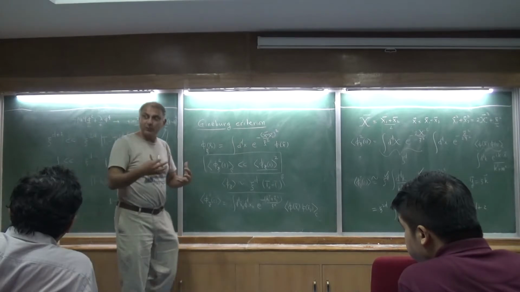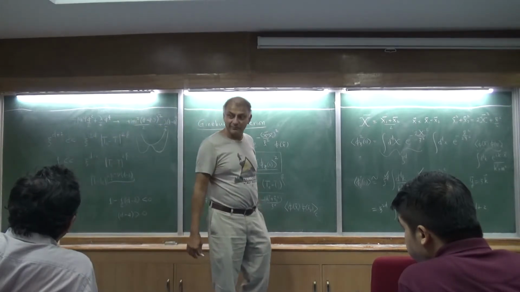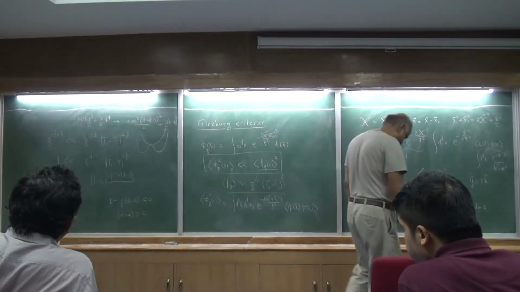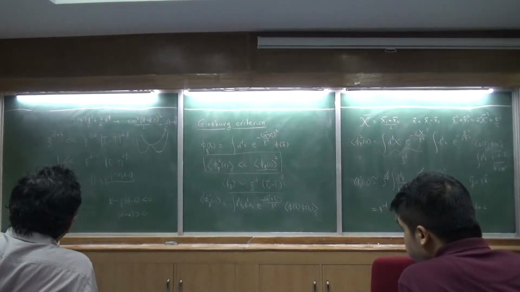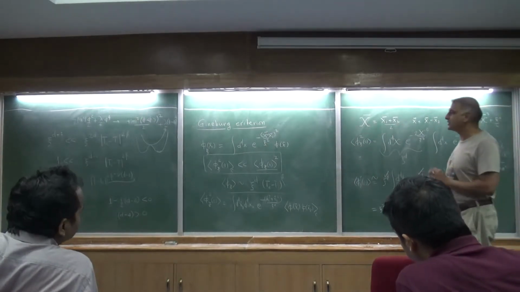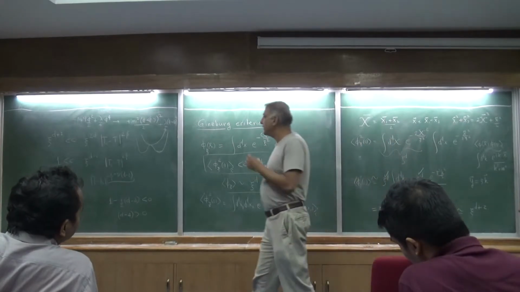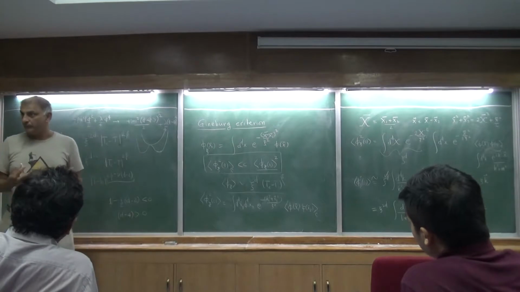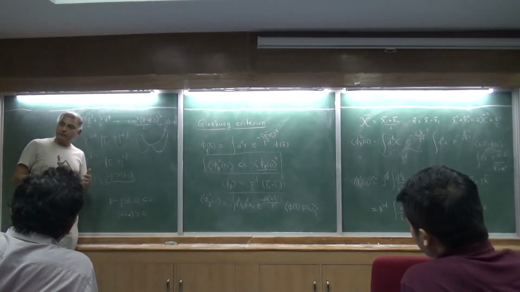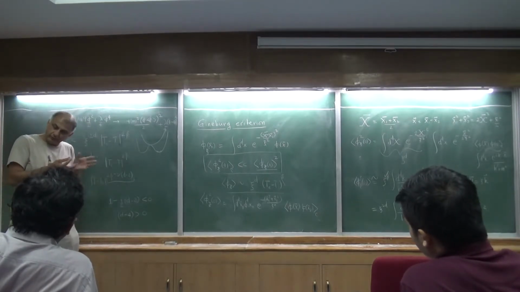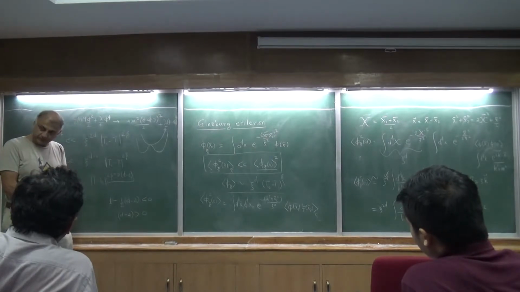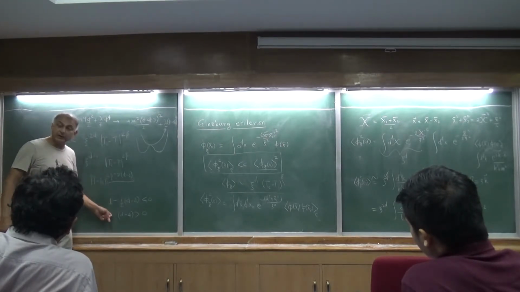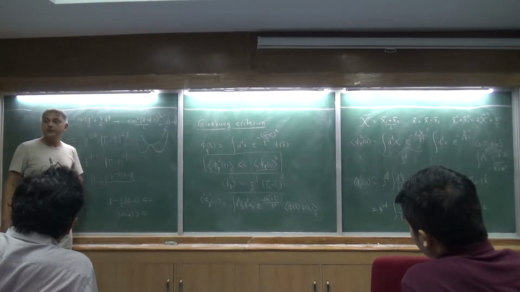What I'm saying is the following: the mean field calculation, the Ginsburg-Landau calculation that we did, was based on some assumptions, right? The assumption was that you minimize the free energy and you look at small fluctuations around it. The Ginsburg criterion is telling you that it is not correct if d is less than 4.